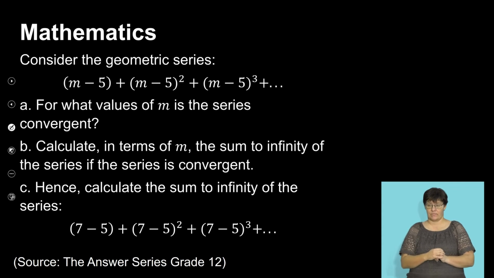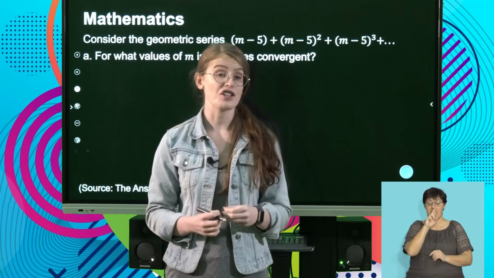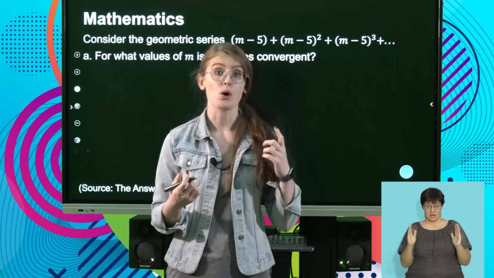So let's get going with A. So we've been asked to consider this series, and we've been asked for what values of m is this series convergent. Great. Before I even start writing, please just remember that the definition of a convergent series means that the ratio has to be between -1 and 1.